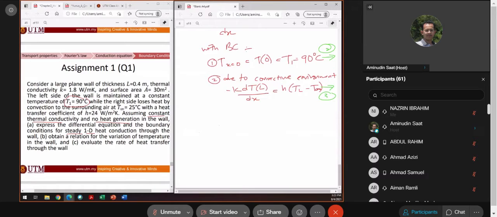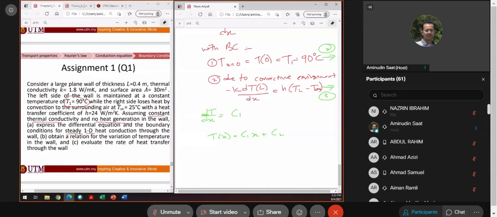So dT/dx equals C1. Integrating, T of x equals C1 x plus C2.